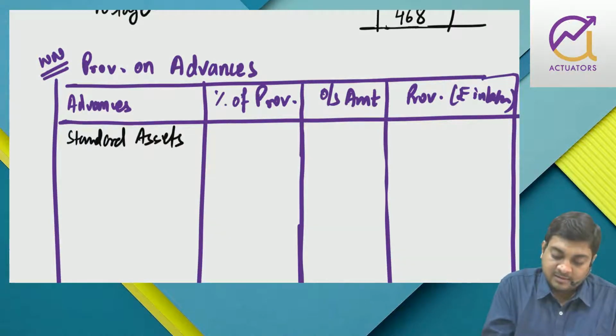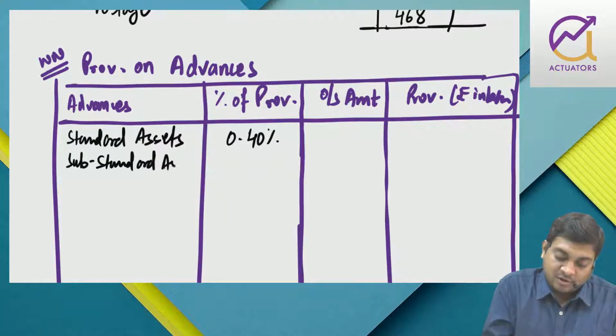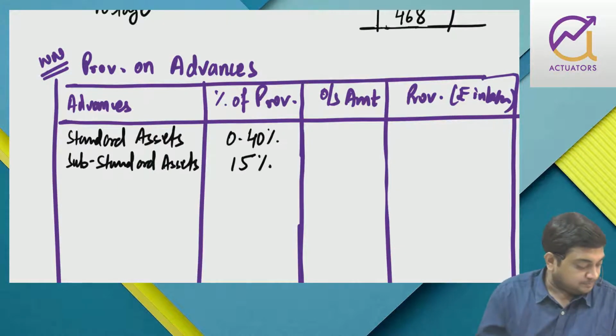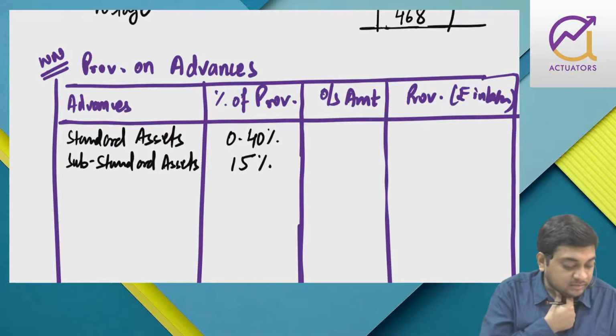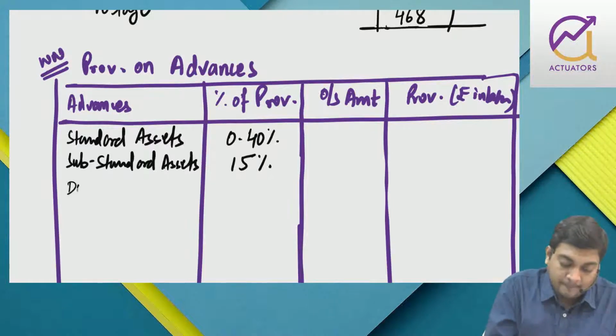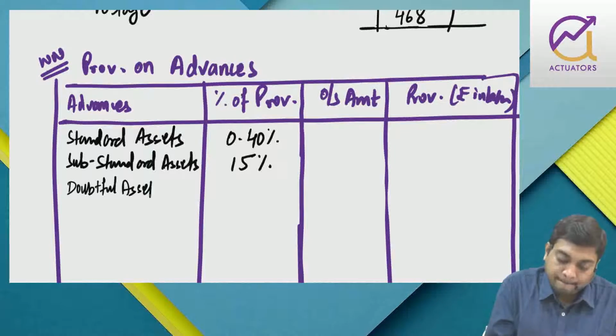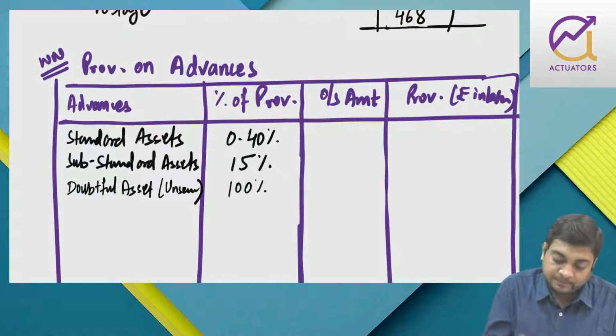Standard assets 0.40. Substandard I'll assume to be secured 15. So they have given. Okay, fine. Then doubtful they have given us unsecured, that is 100.